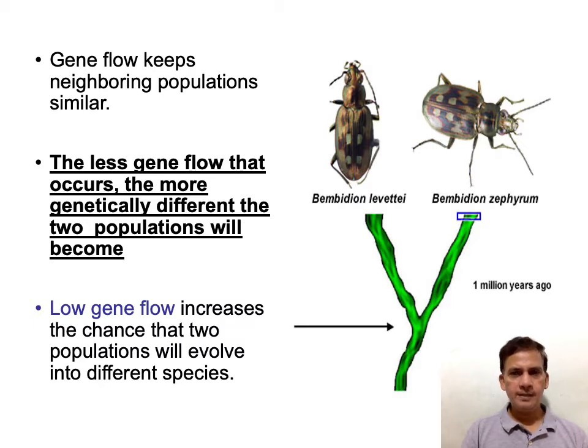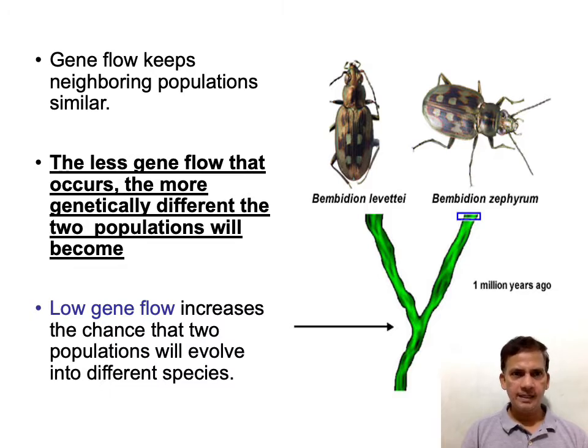If there are two different populations which have somewhat distinct characteristics, now because of the movement of individuals from population A to population B or from B to A, there is exchange of alleles. This exchange of alleles could ultimately, after several years, lead to the similarity of the two different populations.